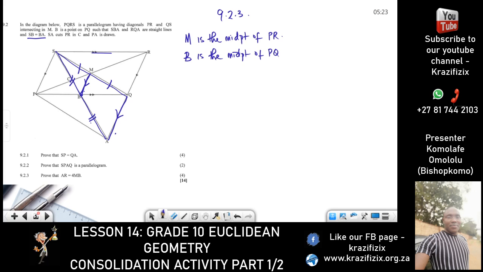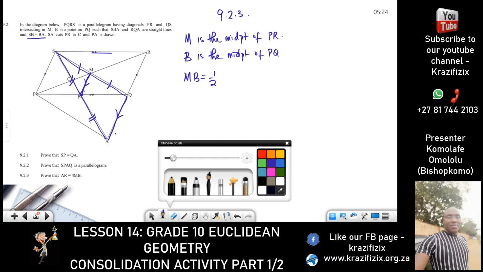So M is the midpoint of PR, is that okay? And we have B as the midpoint as well. Therefore, can we say that MB is equal to half QA? I hope that makes sense. M is the midpoint. I'm using different lines, but you can also use that.